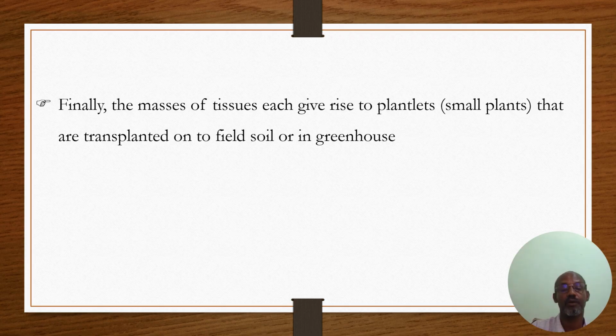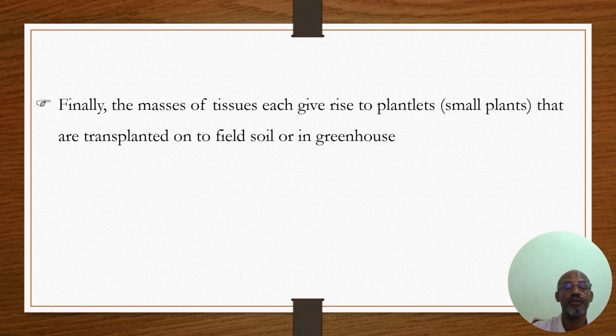Of course, this is asexual. You take a sample cell from a plant and give rise to an exact copy of that plant. This is perfectly asexual, artificial asexual reproduction, because it is done by humans in the lab, providing suitable temperature and suitable nutrient media, and taking the sample, so that you control it and bring about the formation of plantlets.